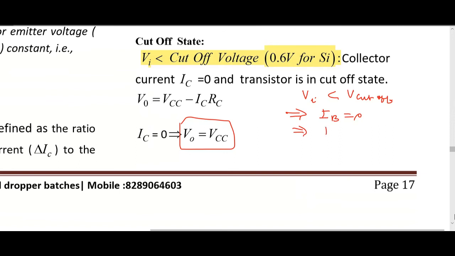Input current is 0. It means output current is also 0. Now if I use this equation, VO is equal to VCC minus ICRC, in this equation, VO is equal to VCC. Remember this thing.